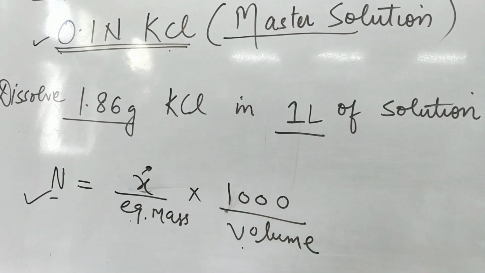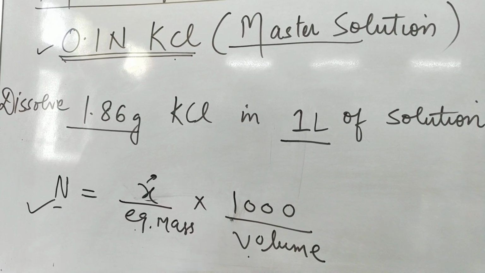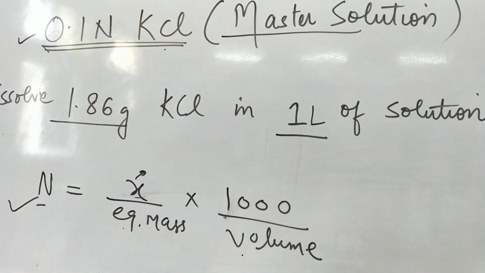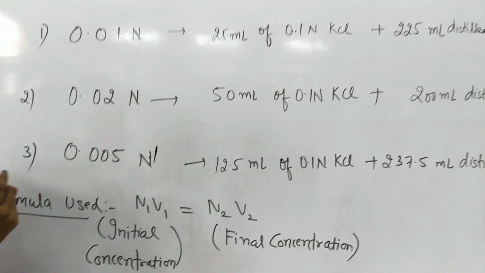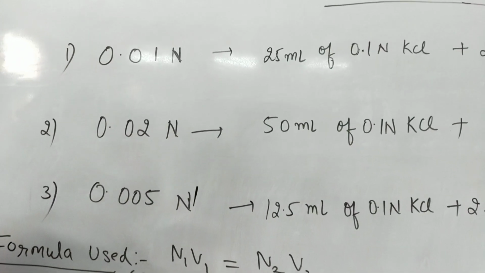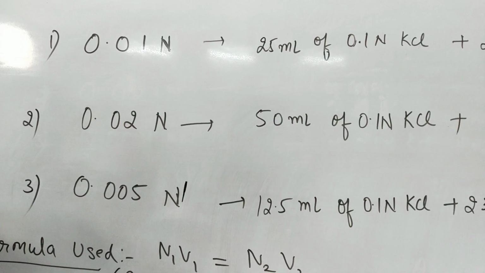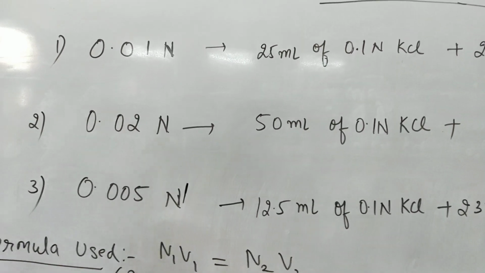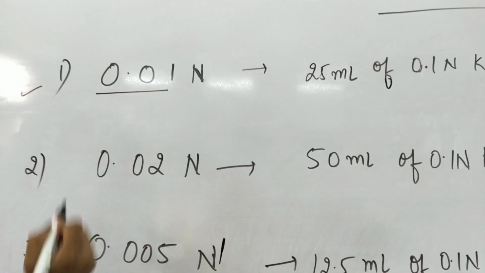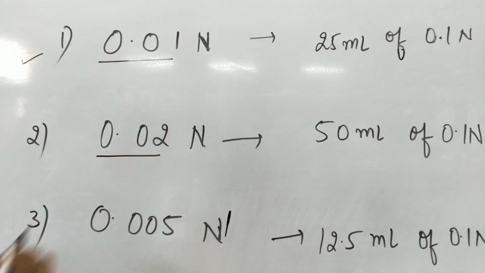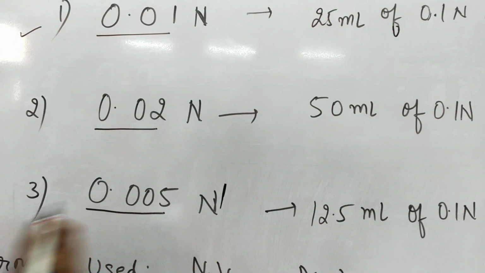Now by using the master solution, we will prepare different concentrations of KCl. The concentration of our master solution is 0.1 normal, and the different concentrations that we are preparing are, first, 0.01 normal, second, 0.02 normal, and third, 0.005 normal.